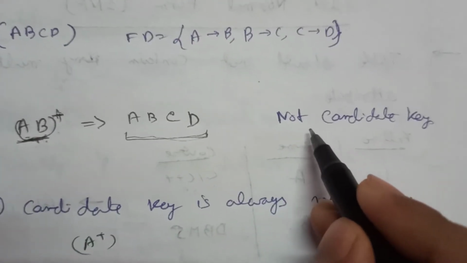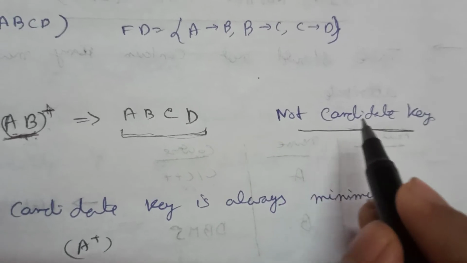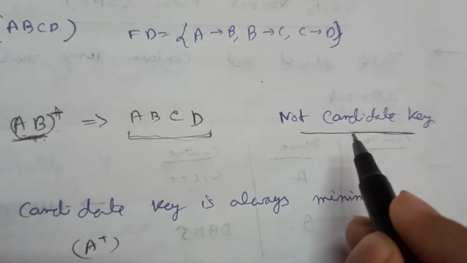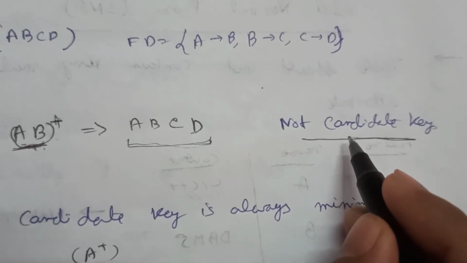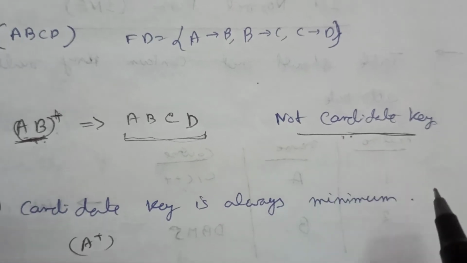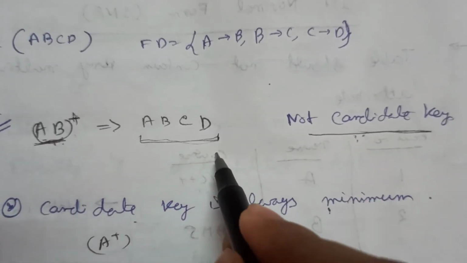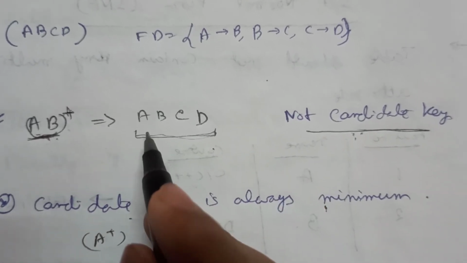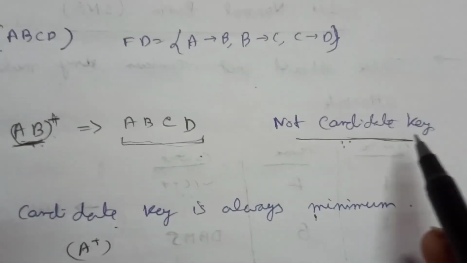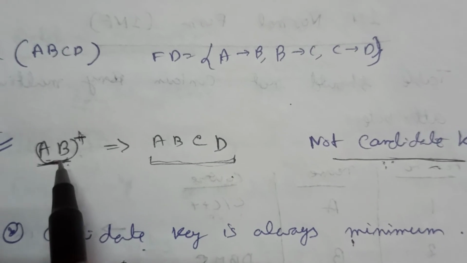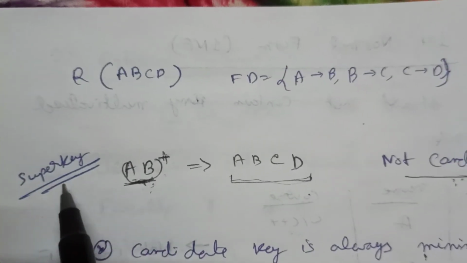No, AB is not a candidate key. Why? Because a candidate key must be minimal, it should always be the minimum. So the minimum attribute set which can define all other attributes of a relation is known as the candidate key. But then what is AB? AB is known as a super key.